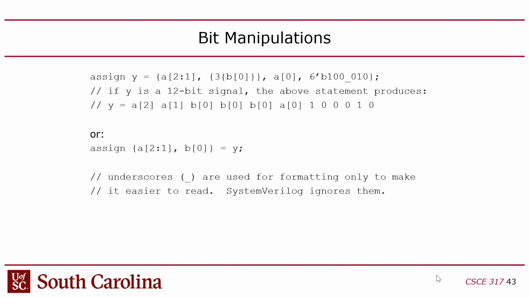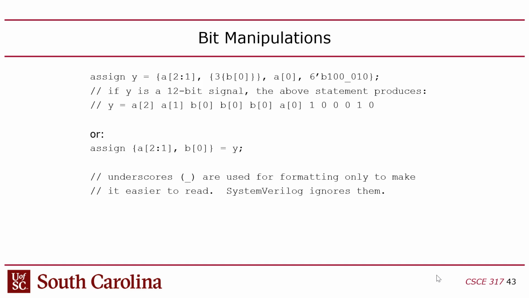And when I say smaller, I mean in terms of bits. Also, you can slice out. Like if you have a signal A and I want to extract bit 2 down to 1, you can extract a field using the brackets, right? And again, you probably would expect that would be what that does.